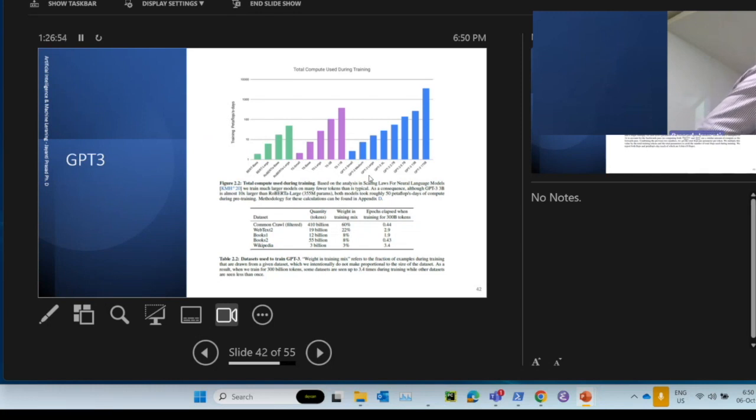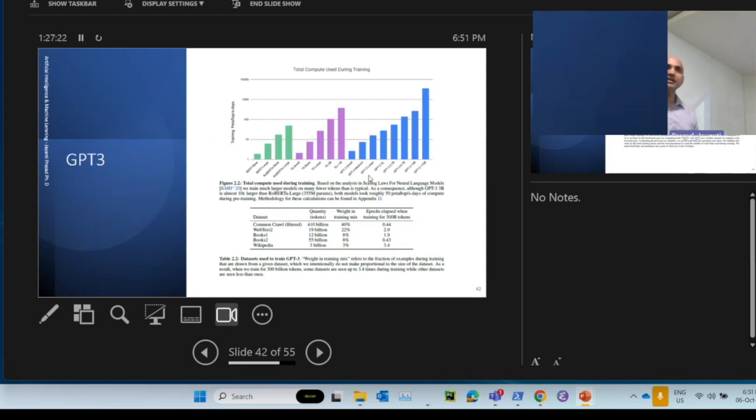Okay, petaflop per days. Now let me explain this thing. This is a big business. Training these large language models needs a lot of money. I don't know if you're familiar with this unit of computing, flops. If you are not, flop means floating point operation. Generally our processors run at a gigahertz clock, a few gigahertz.